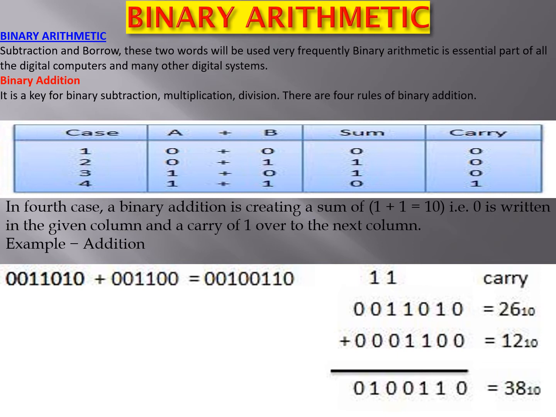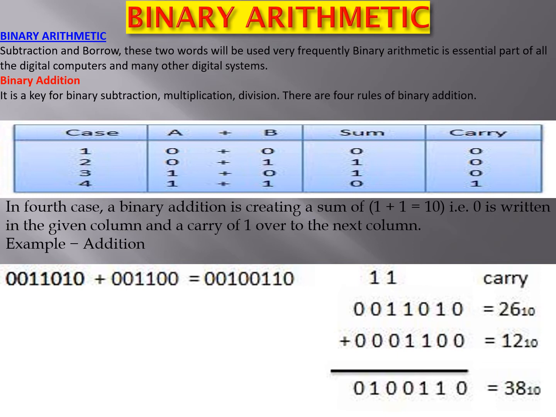In case 1, A is 0 and B is 0. The sum of these two numbers is 0 and carry is 0. If A is 0 and B is 1, the sum is 1 and carry is 0. If A is 1 and B is 0, then the sum is 1 and carry is 0.